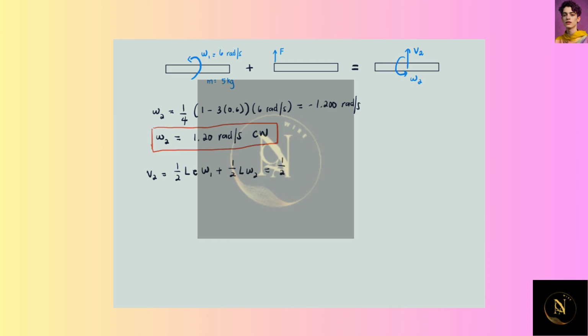Substituting the values, we have 1/2 times 0.200 meters times 0.6 times 6 radians per second, plus 1/2 times 0.200 meter times 1.20 radians per second. So v2 is equal to 0.480 meter per second upward.